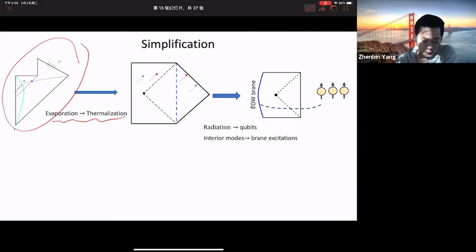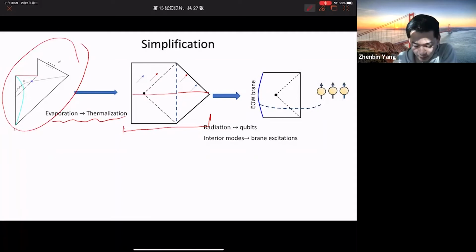That is, you couple to a bath that has the same temperature as the black hole. So here you have a flat bath with the same temperature coupled to an AdS black hole.